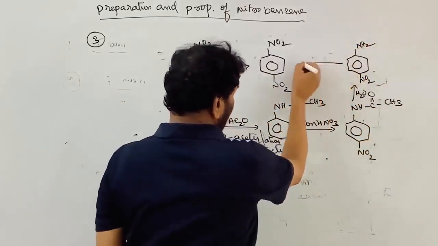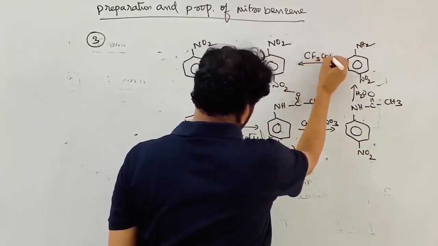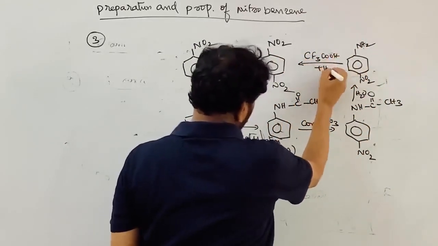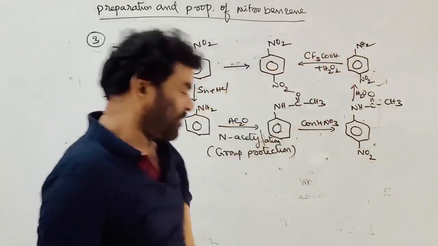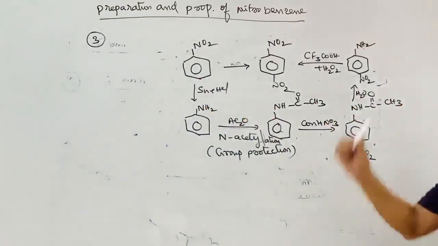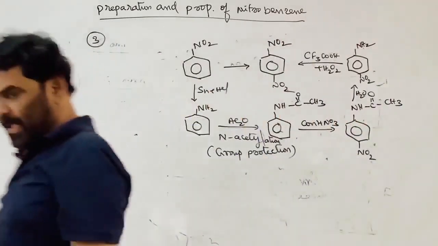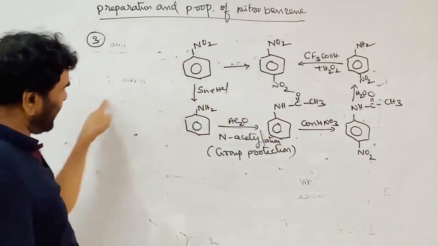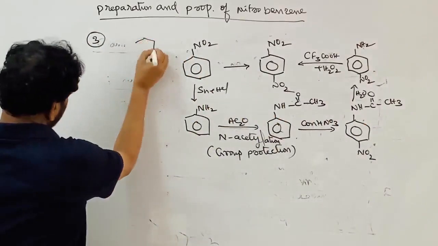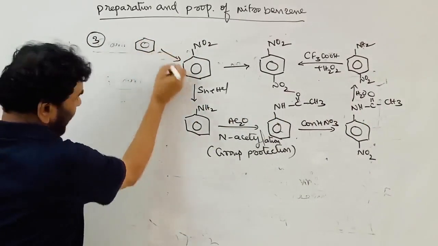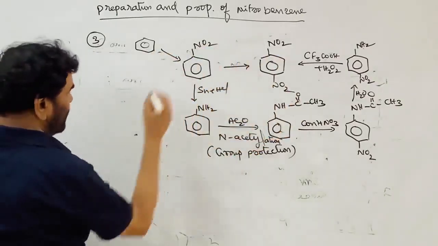Now this is converted by treating with trifluoroacetic acid plus hydrogen peroxide, an oxidizing agent which converts the primary amine into the nitro compound. Through this route we are able to prepare para-dinitrobenzene. On direct nitration of nitrobenzene you get the metadinitro compound. So benzene goes to nitrobenzene, and nitrobenzene to para-dinitrobenzene through this route.